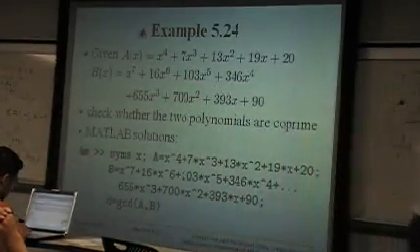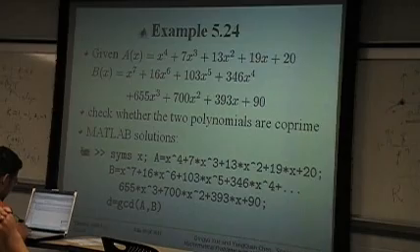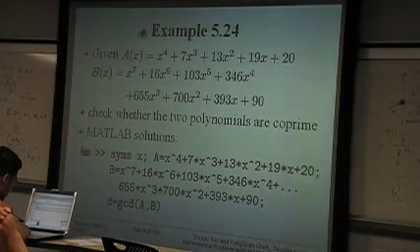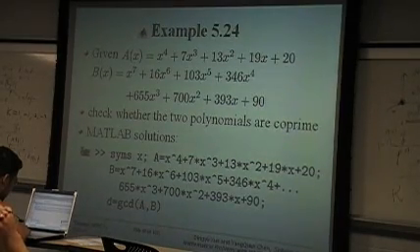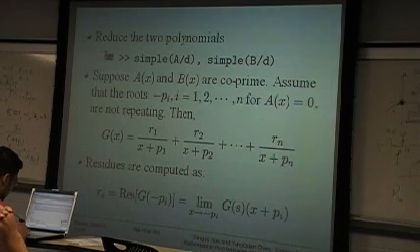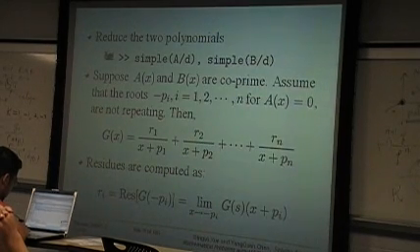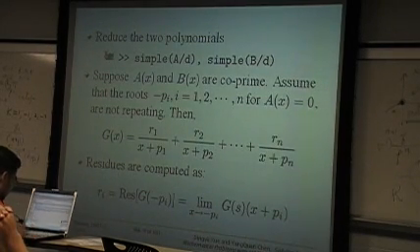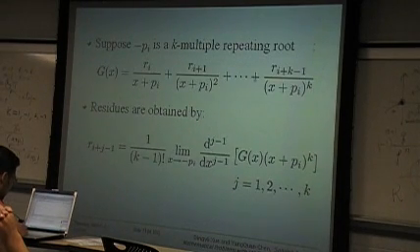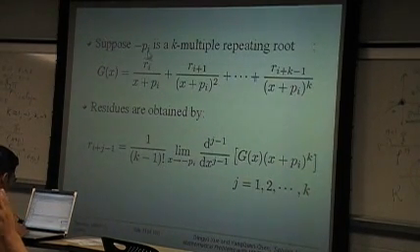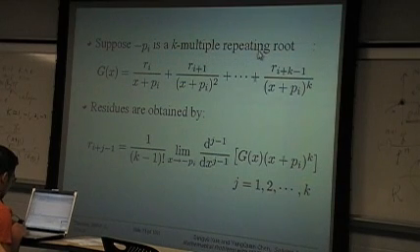And now the topic is how can we find the partial fraction expansion of the rational function? These are the formulas, and I do not want to talk too much about them. If minus p is a k-multiple repeated pole of the function, then we have to use a partial fraction expansion like this.